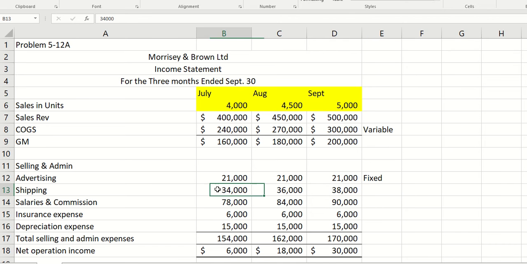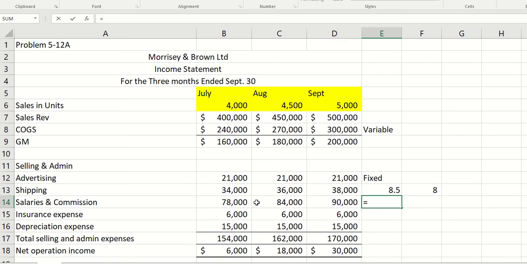Over here, it doesn't look so clear-cut. It doesn't look like a fixed cost because it's increasing. Let's see it on a per unit basis. When I make 4,000 units, it's 0.85. Over here, it is, per unit, 8. So already I know that this is not fixed because it's not the same, and it's not variable because I can see it's changing.